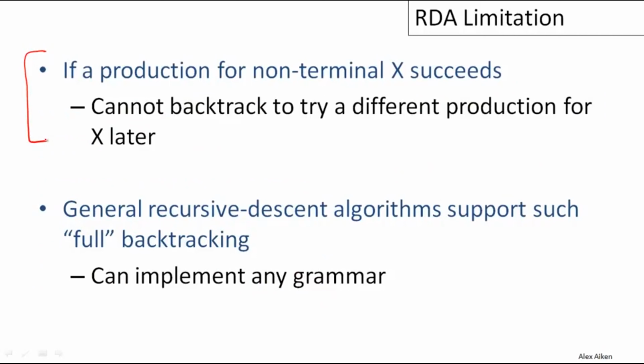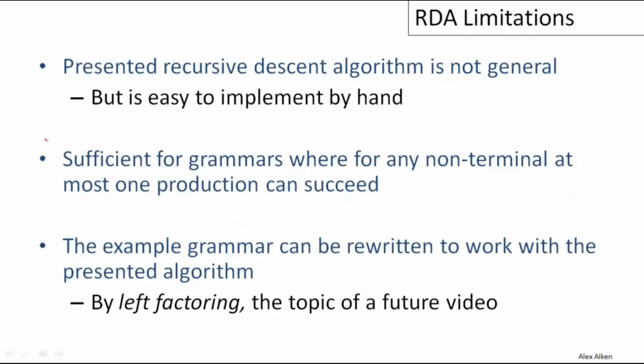That means the particular recursive descent algorithm that I showed in the last video is not completely general. Recursive descent is a general technique, and there are algorithms for recursive descent parsing that can implement the full language of any grammar. They have more sophisticated backtracking than what I showed in the algorithm that I presented last time.